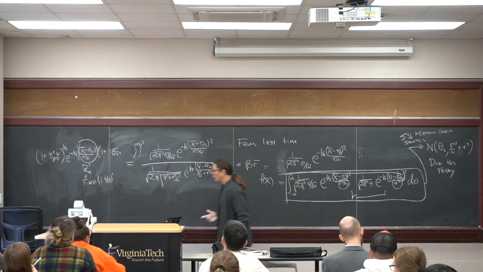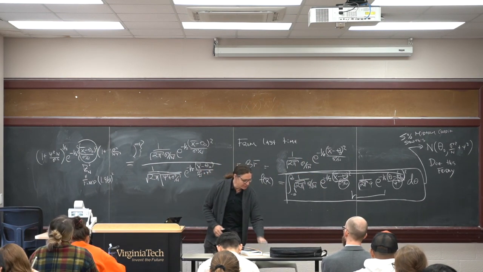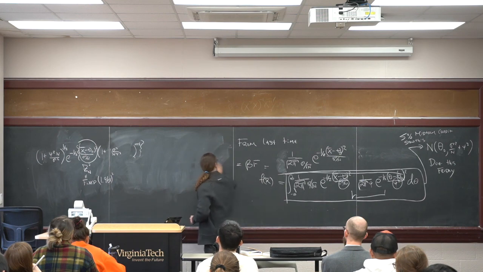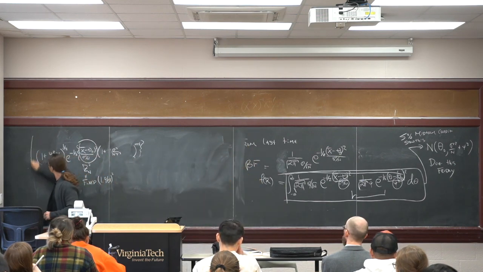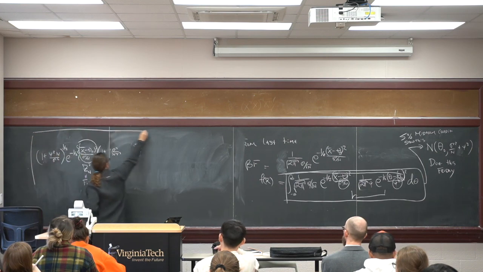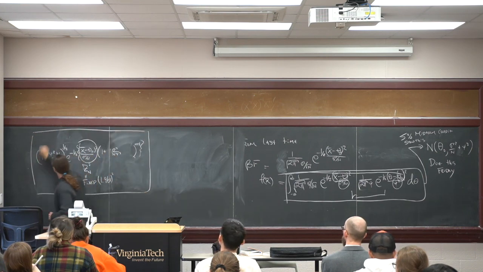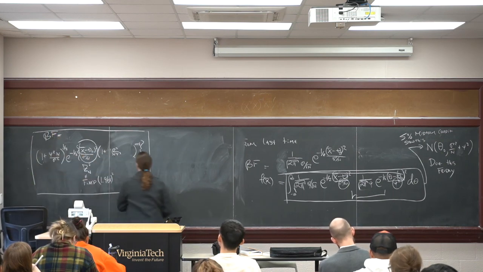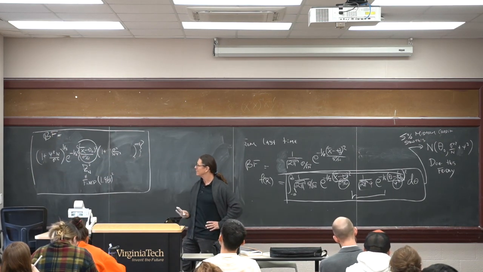Okay, so let's just think about what all this means. This is our base factor. So as n goes to infinity, let's just think about what happens here.